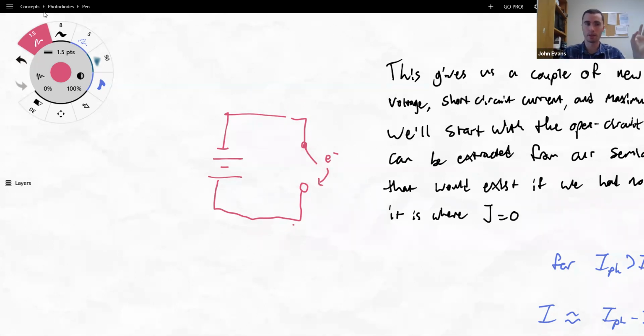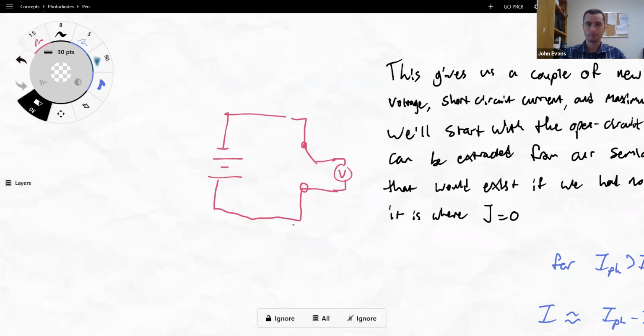They're not going to tunnel through a couple centimeters of air. Then what we're going to do is put a voltmeter on there and measure what the voltage is. That's sort of what we're doing here. We're measuring what the voltage is when there's no current flowing.